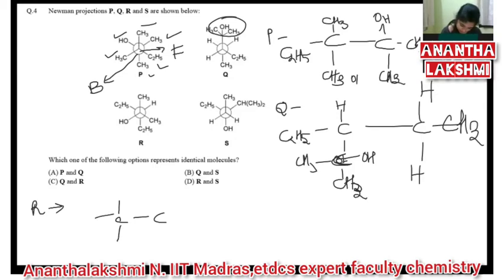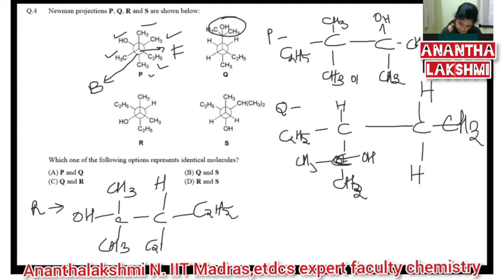CC, CH3, OH, and CH3. The groups attached to this carbon will be H, C2H5, and C2H5.